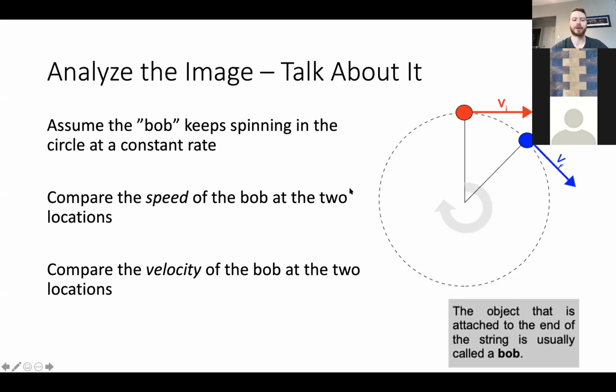We're going to call that a bob. So on the image on the right, we have a bob on the end of a string, and just imagine that this is rotating and rotating and rotating. So this ball over here is going in circles and circles and circles.